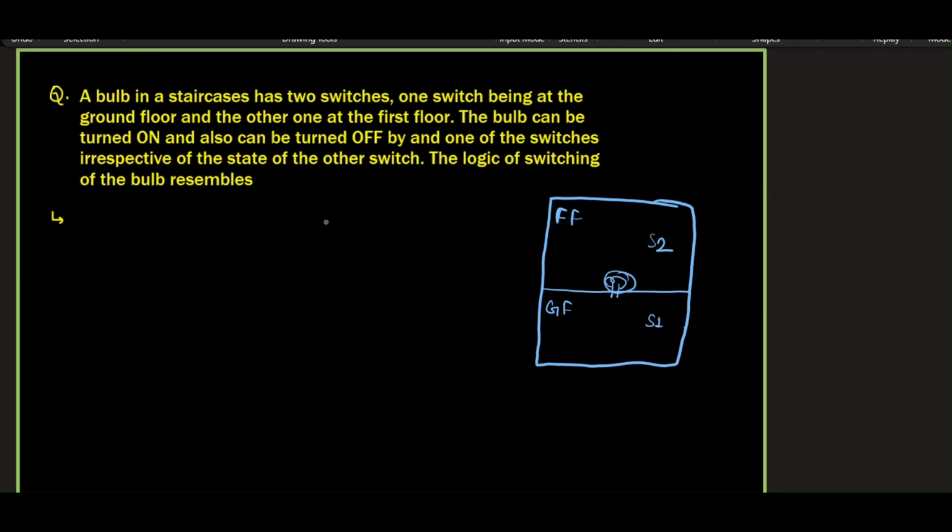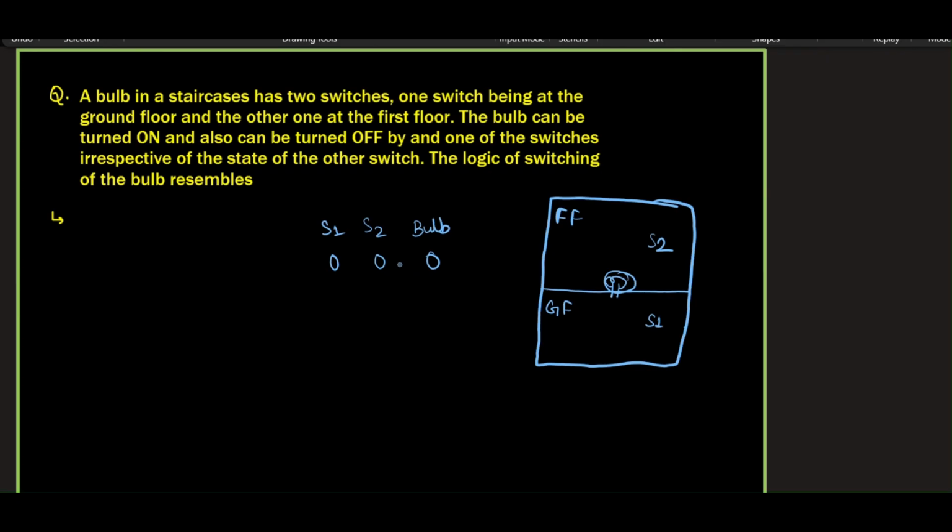So this is my switch one, this is my switch two, and this is my bulb. Let's say this was my initial condition and my bulb was not glowing.